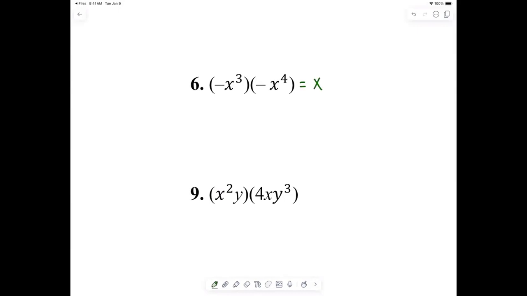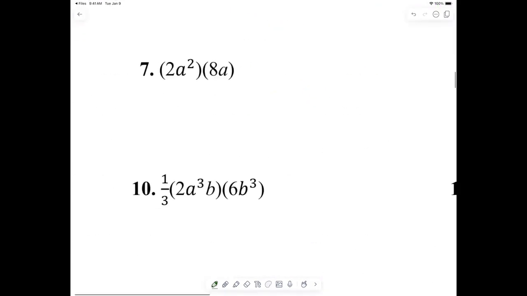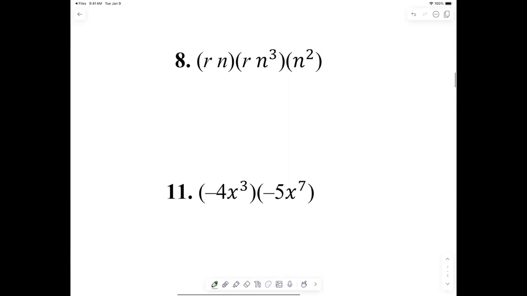X to the seventh, correct. Because it's -1 times -1, which is +1. Number 7. Yep, 16a to the third. Nothing to it. All right, number 8.